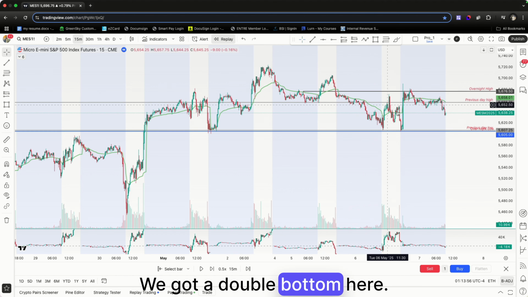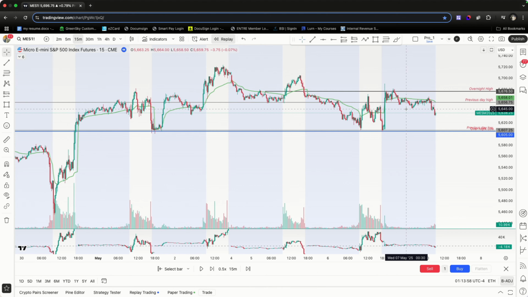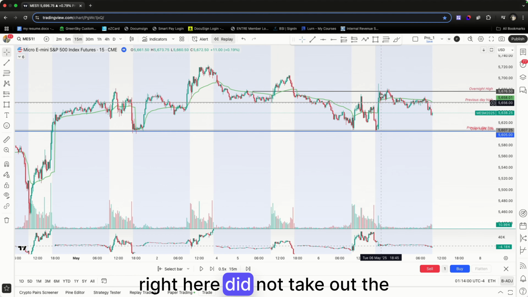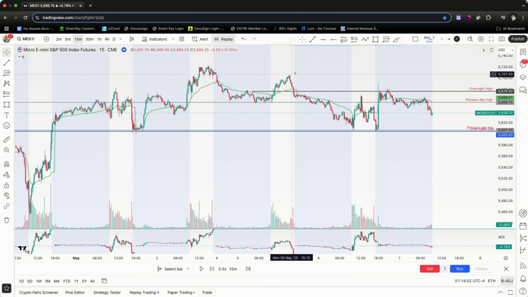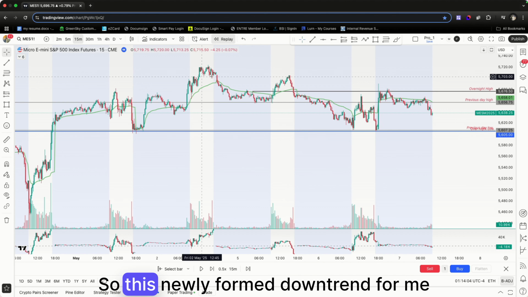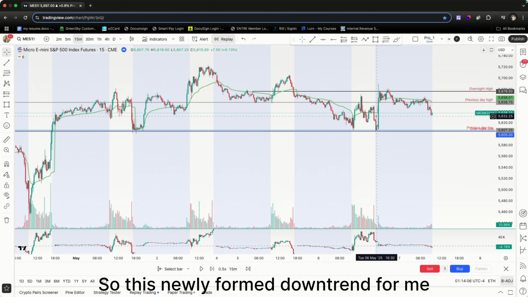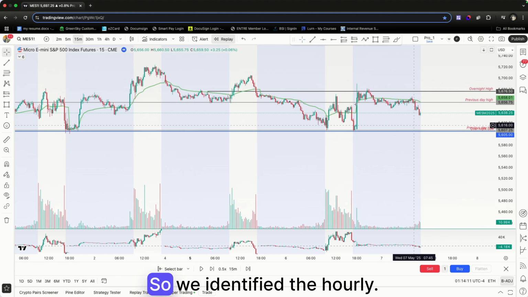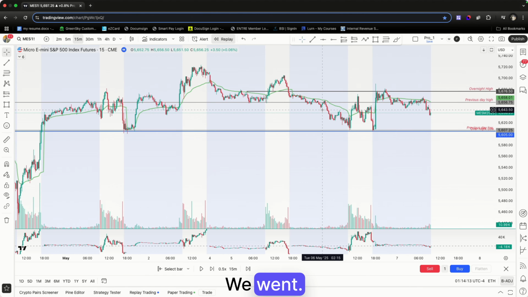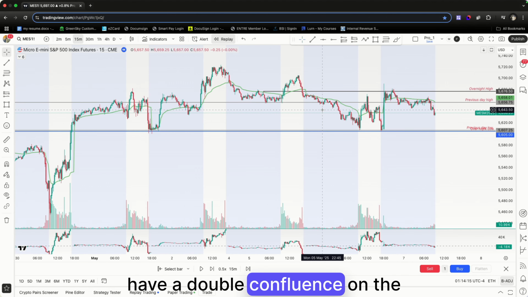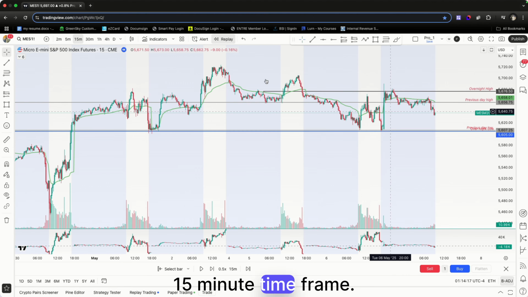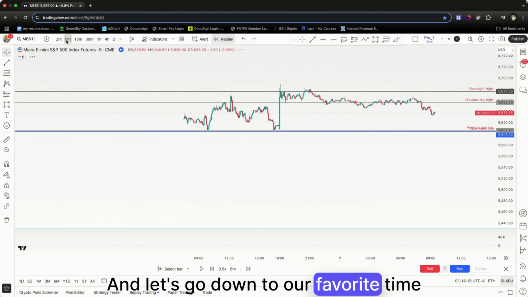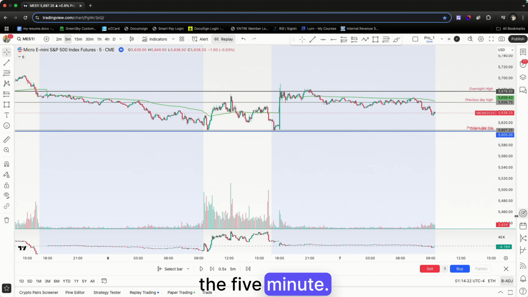We got a double bottom here, but this look above right here did not take out the recent highs here. So this newly formed downtrend for me is still holding. Cool. So we identified the hourly. We have a double confluence on the 15 minute time frame. And let's go down to our favorite time frame, the 5 minute.